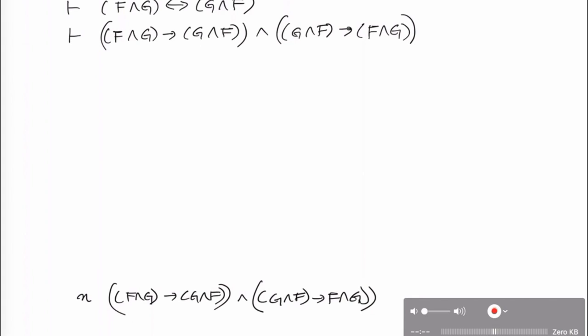Okay, so how do we prove this? Look at this last formula. The formula has the form of a conjunction. So our proof strategy tells us to try to prove each of them and then use the conjunction introduction rule later. So somewhere in the proof, I want to derive this.